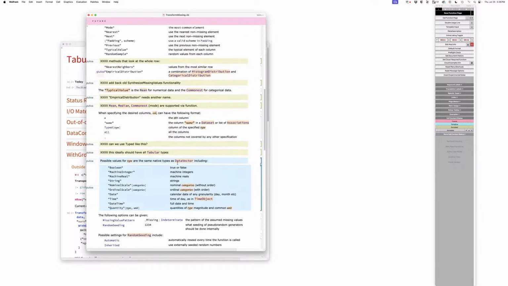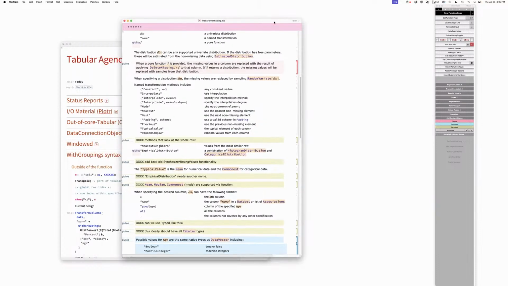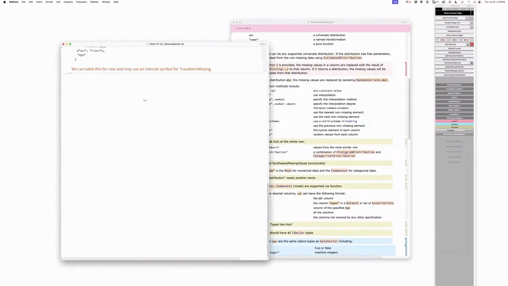So where are the examples? They were in some old agenda. Sorry, I think this messed up, but it's all the same. Is transform missing of tabular, and then you get class and you get for example the next non-missing or the first non-missing. Okay, so what we're talking about, transform missing of a tabular. This is like transform columns.